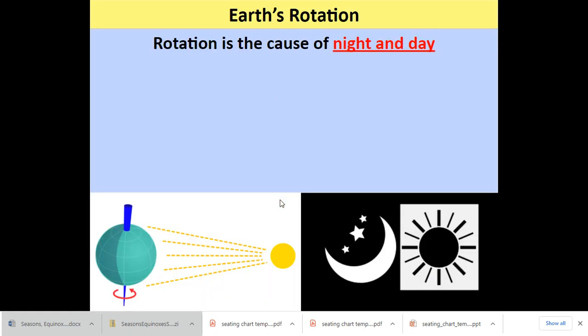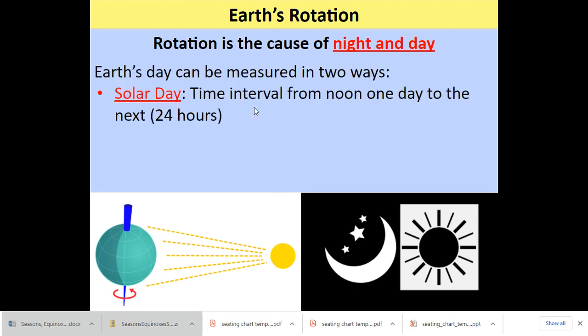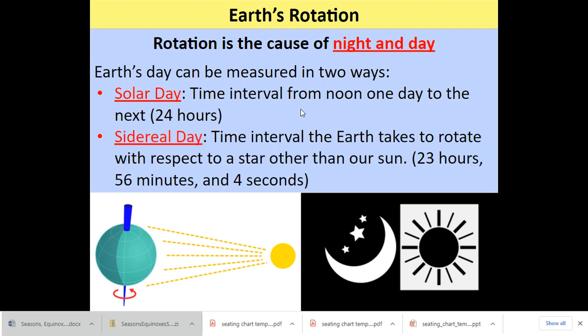Rotation is the cause of day and night. Earth's day can be measured in two ways. A solar day is the time interval from noon one day to the next, which takes 24 hours, or a sidereal day, which is the time interval the Earth takes to rotate with respect to a star other than our sun, which is 23 hours, 56 minutes, and 4 seconds.